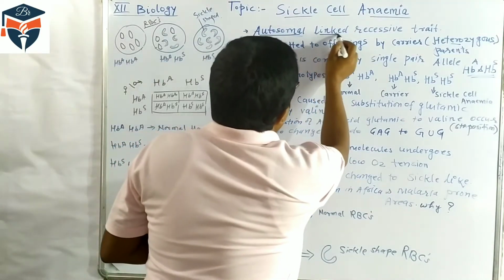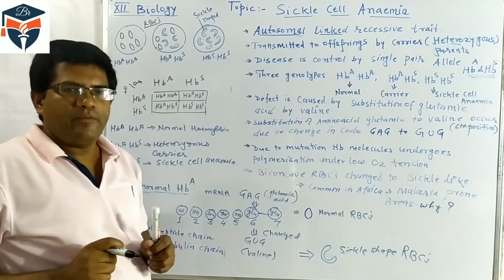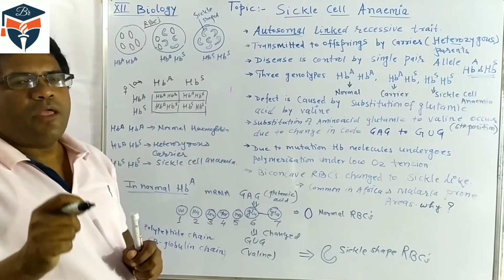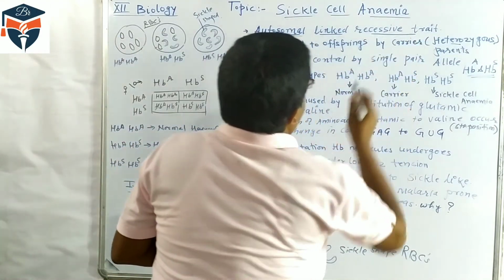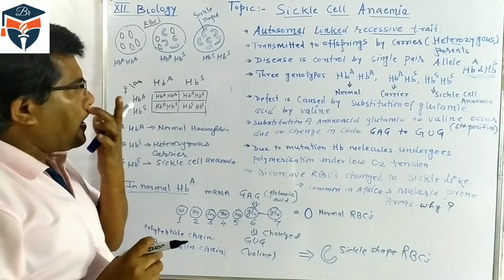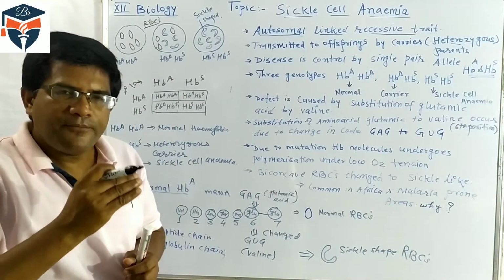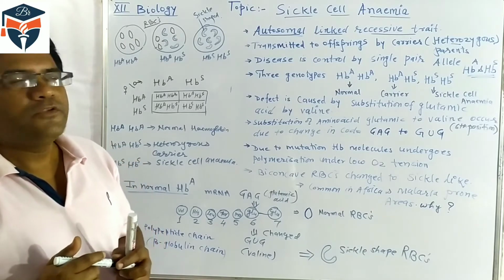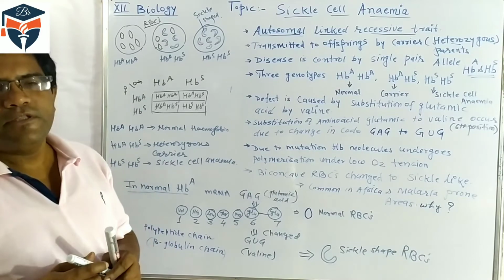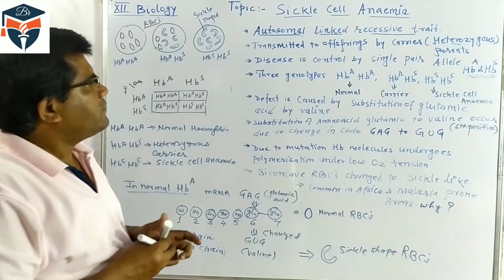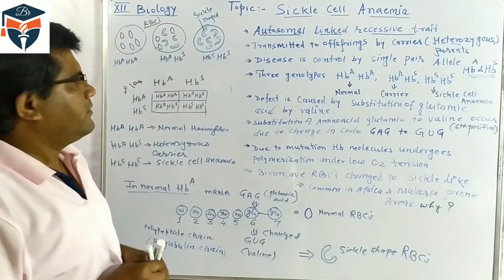It is a linked disorder and a recessive trait. Sickle cell anemia does not appear in the F1 progeny; it is hidden in F1 but expressed in later progeny, so it is called a recessive trait.